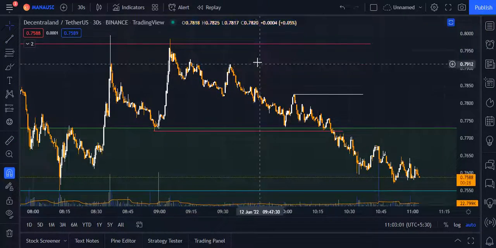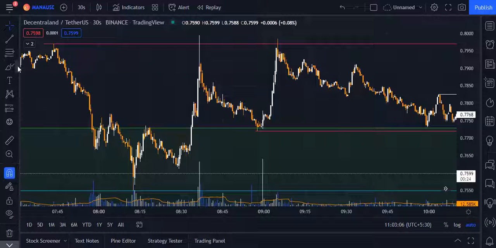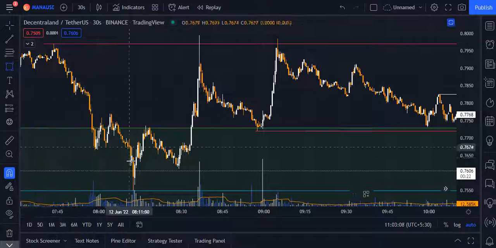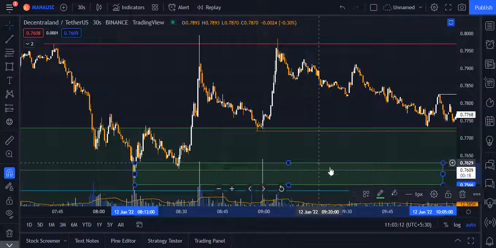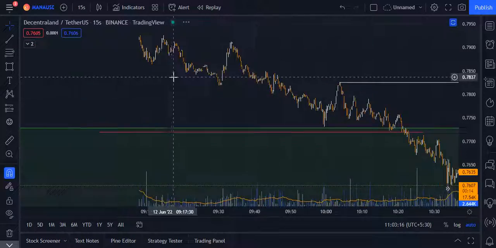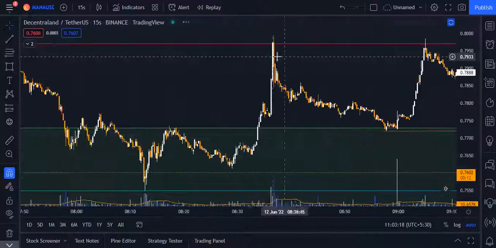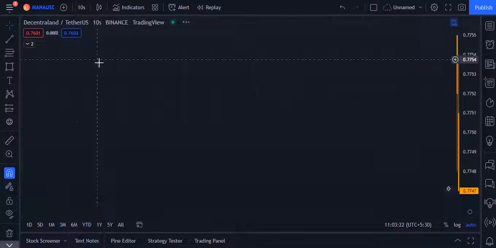No, not now. So perhaps this one is the OB. From where is it reacting? I guess this one, but it's already been mitigated, so I can't consider it even. Let's see. Is it clear now? So there might be some area where it's not been mitigated.